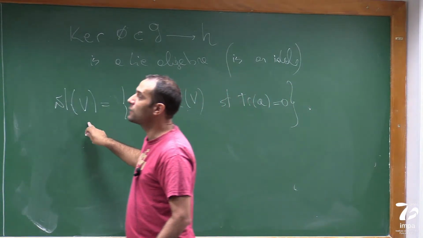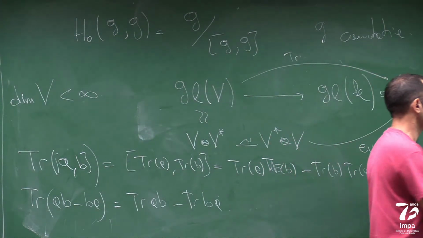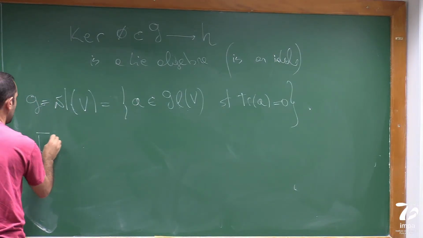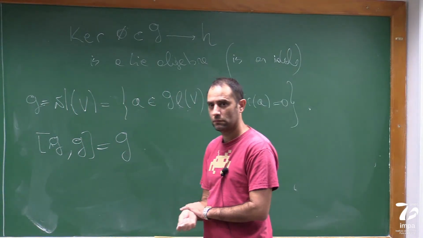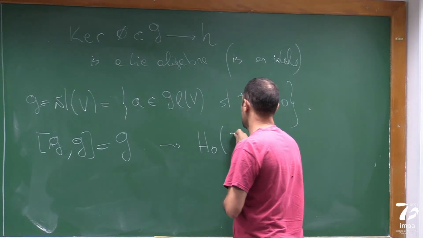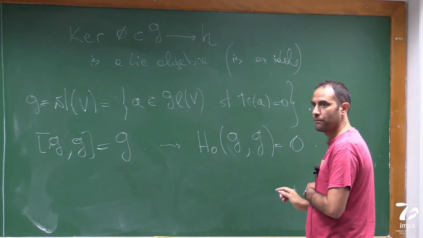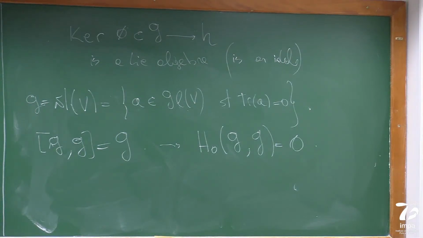Okay, so this Lie algebra is as far away as possible from being commutative, in the sense that if I call this guy G, G bracket with G is equal to the whole of G. So in particular, H0 of G with coefficients in G is just 0. So for an abelian Lie algebra, I get the whole Lie algebra as the 0th homology.